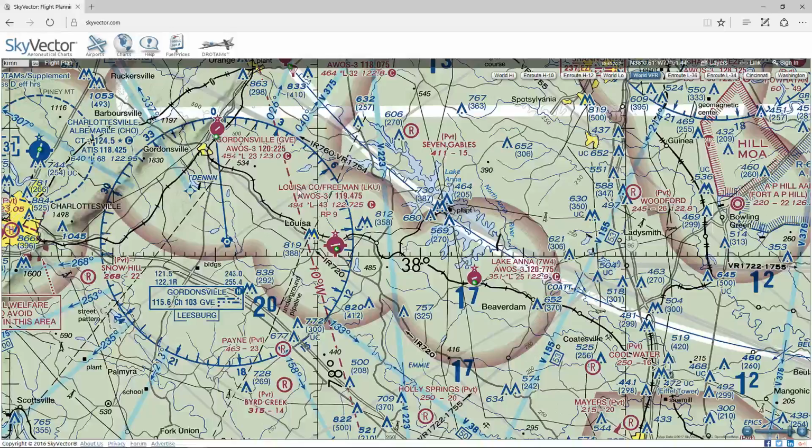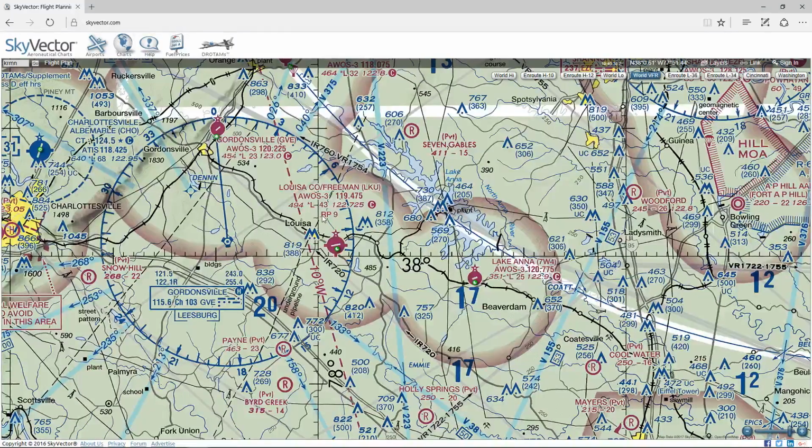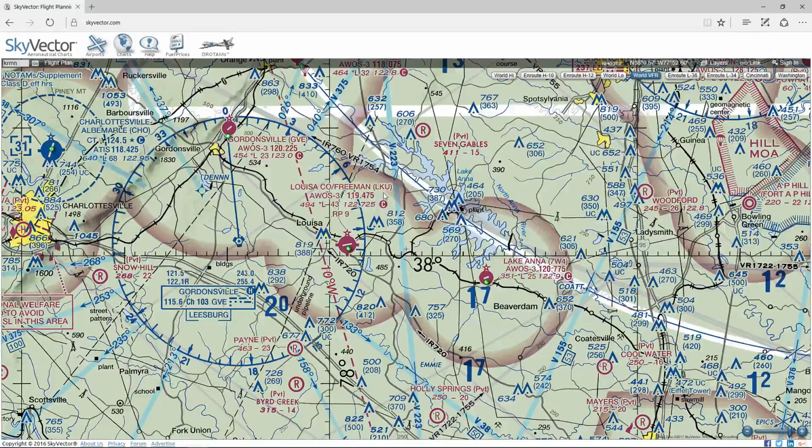Louisa is a little different. We see that we have the name, the three-digit code, the AWOS, the elevation, which is 494, the lighting, the length of the runway, and we have 122.725, which is CTAF, but we have this RP9. That means if you're landing on runway 9, you have to make right-hand traffic.